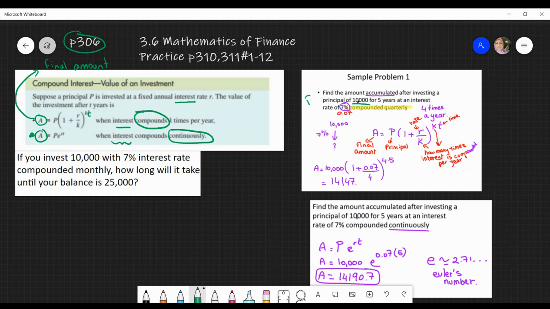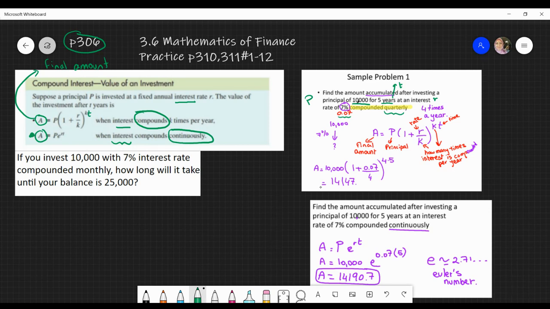So I know I have P, for 5 years, so I know this is T, at an interest rate of 7%, and I know this is R, and R always has to be in decimal in the equation. Compounded quarterly, quarters, that means 4 times a year.